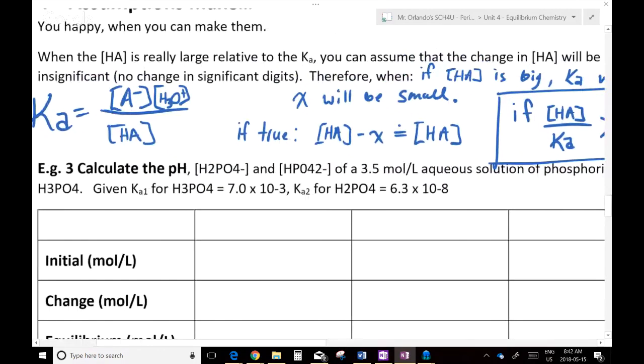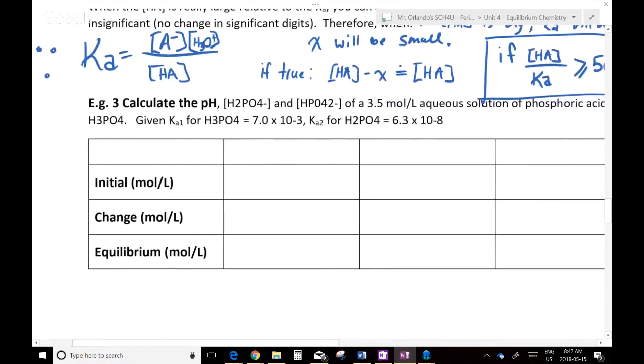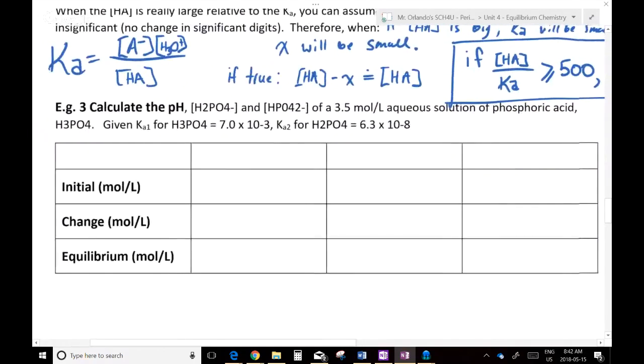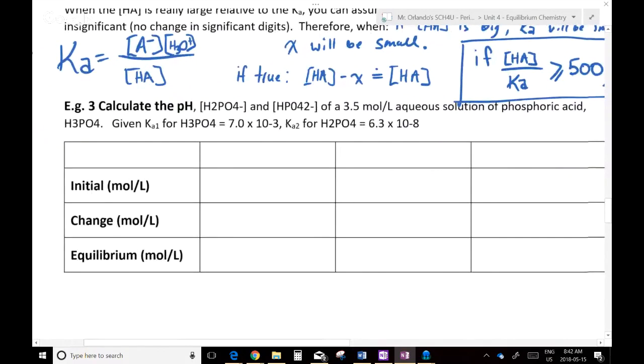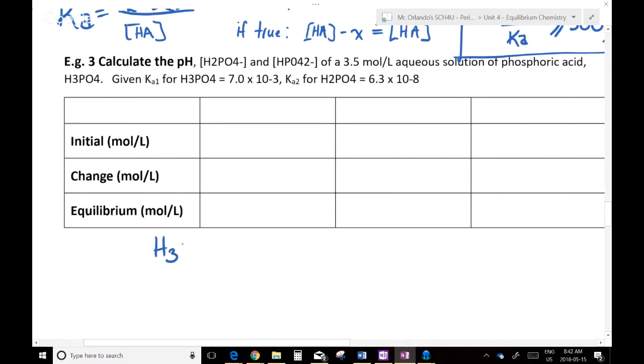Okay. So we are going to do 2 of these guys here, and we're going to love it, okay? So we are going to take H3PO4, and we're going to dissolve it in water, and what are we going to get?